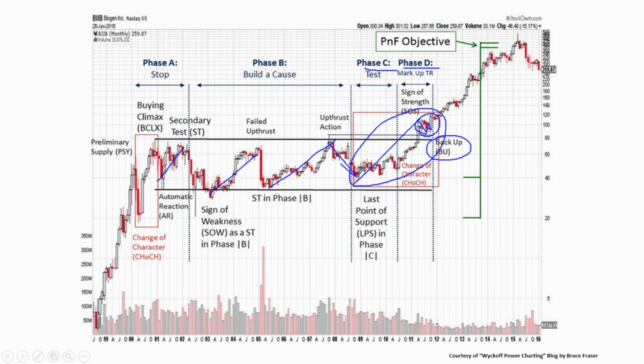All of the previous reactions in the trading range, we see how substantial those reactions are. So there's something different going on with the price action. We also, for the first time, are committing to the upside above the resistance cluster that was created by the upthrust action and by the climactic action in phases A and B.